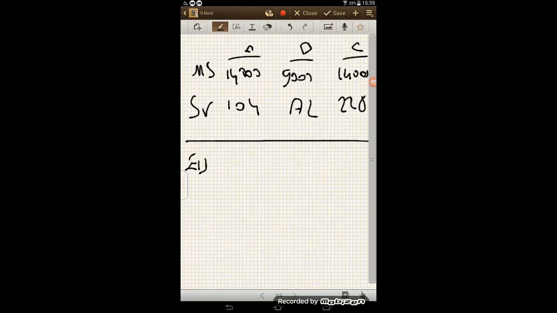So if we take the equivalent uniform annual benefit, it is going to be for A a total of 14,104, for B 1,172, and C is going to be 14,228.